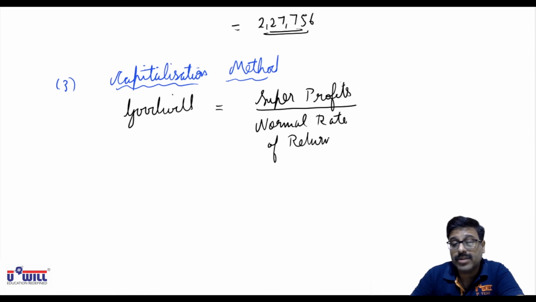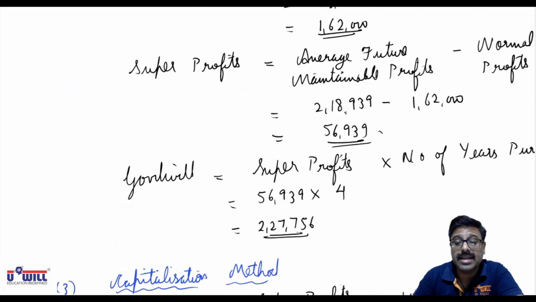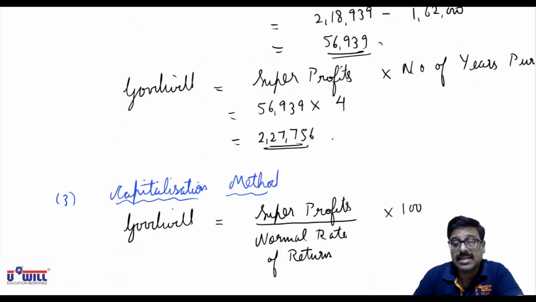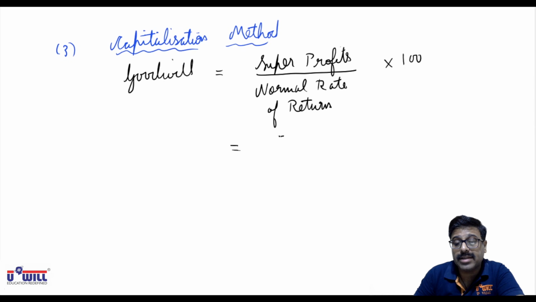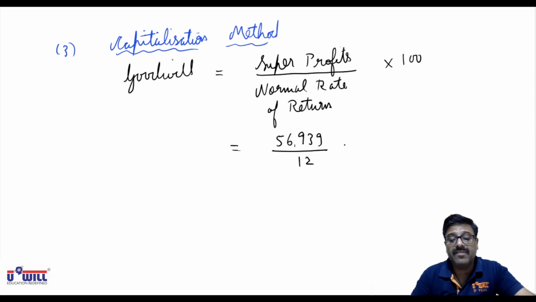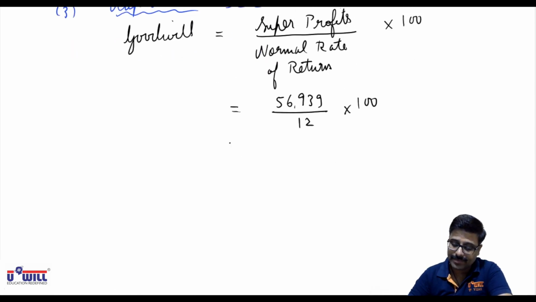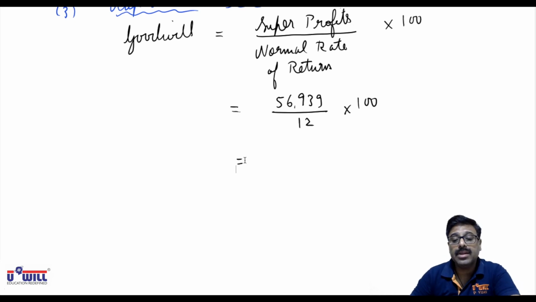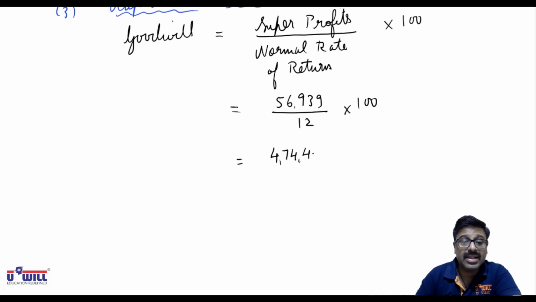Super profits we obtained as 56,939 and the normal rate of return is 12%. So 56,939 divided by 12 into 100 is 474,492. Here the value of goodwill comes to 474,492.